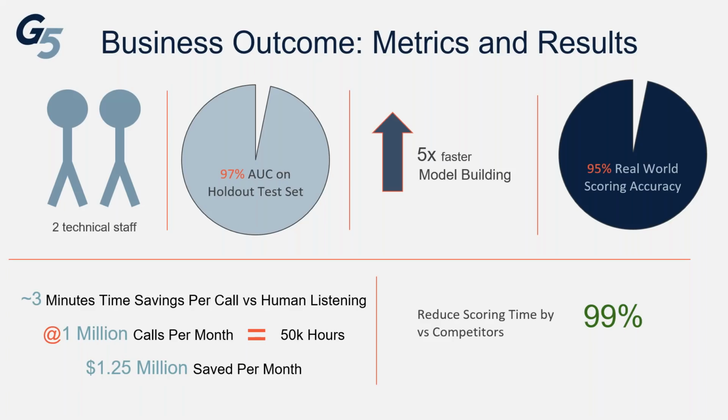And so what we have built allows our customers to, if you think about an average call of being 3 minutes and time savings per call versus human listening, let's assume 1 million calls a month. That's about 50K hours. And if you put a competitive hourly rate for people that they charge you for doing this, that's a saving of over $1 million there.